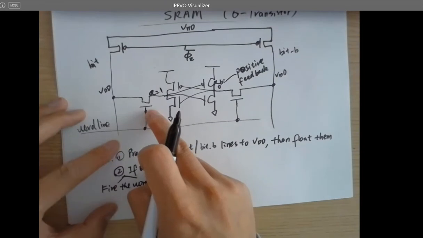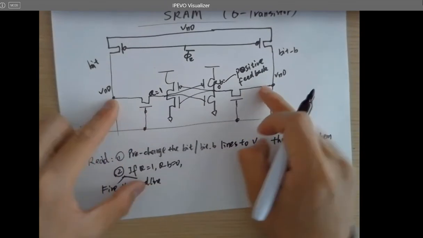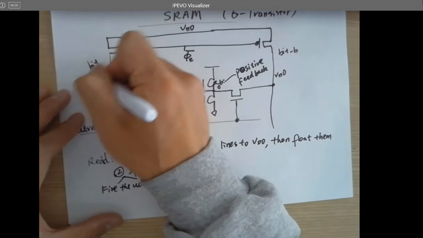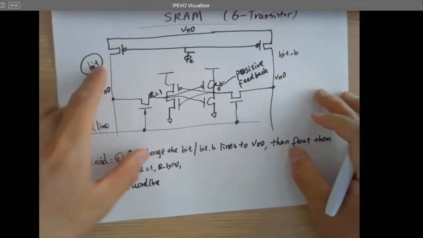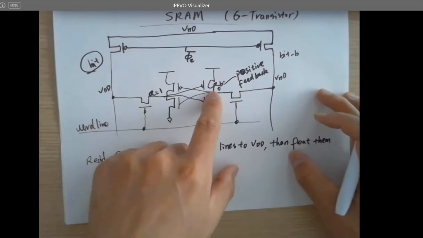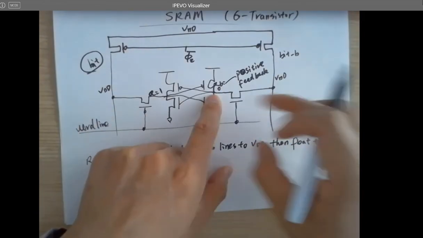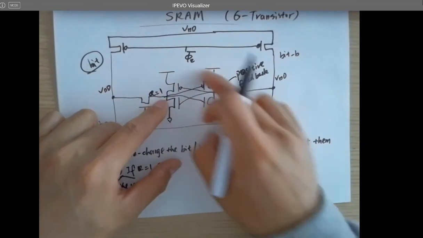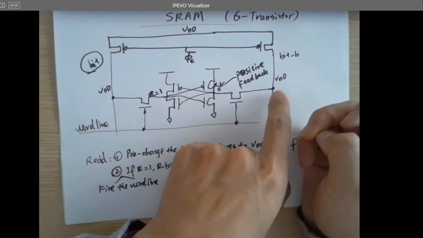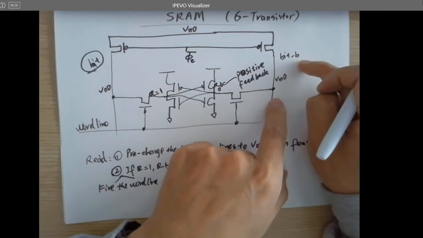So fire it, so you can turn it on, then what? So you can read from this bit line. That's the data line. Actually, you have so many words, but this is the only data line. This is not the data line. This is just being used as one wire in a positive feedback for the latch, right? So the bit bar is not the data.